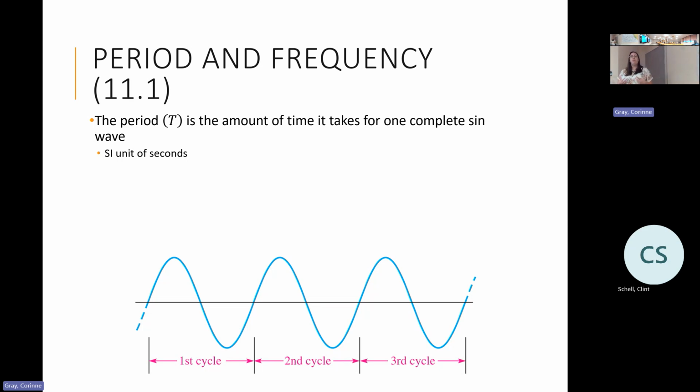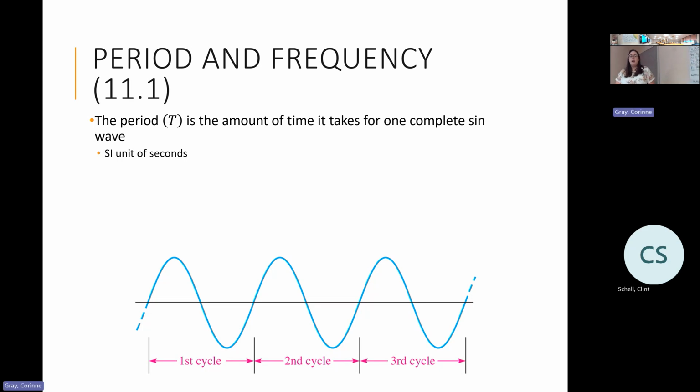And we want to be able to go through and explain our source. So a lot of different sources, we can talk about what are the period and the frequency in conjunction with information like the root mean square value, the average, and so on. And we'll get to those here in a second. So period, which is going to be represented with a capital T, is defined as the amount of time it takes for one complete sine wave.